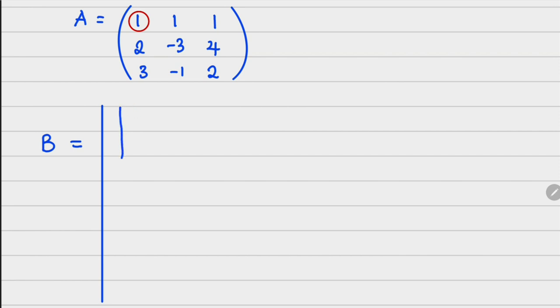So what I'm going to have will be minus 3, then 4, minus 1, and 2. Okay, I'm done. Now, when I cover the next, that is, I'm covering this one now, what I'm going to be having now will be 2, 4, then 3, 2. Okay, then I will cover the last.